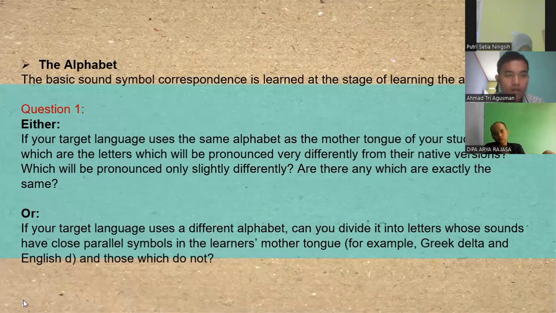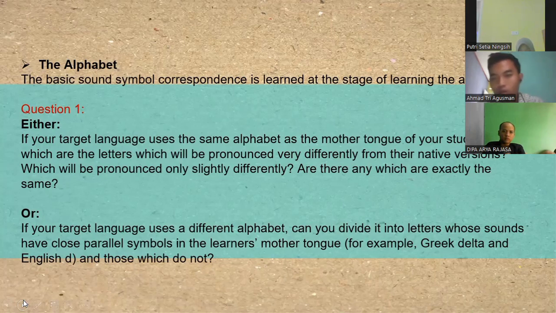Either if your target language uses the same alphabet as the mother tongue of your students, which are the letters which will be pronounced very differently from their native version, which will be pronounced only slightly differently, or which are exactly the same.